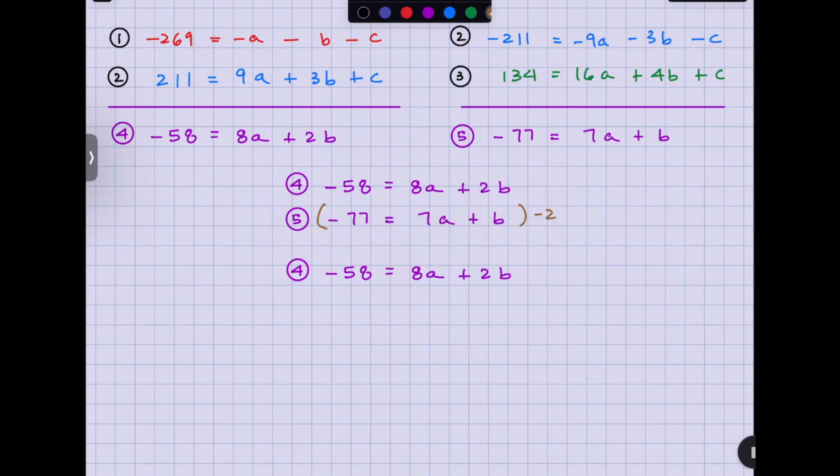However, my equation 5 now becomes, what is that, 154. Check my math, negative 14a minus 2b. And when I add those 2 together, what is that, 96?